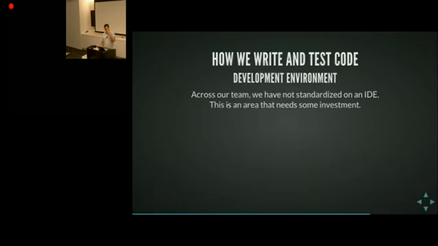So one of the things that's troubled me and a lot of the team is development environment. Across our team of 14 folks, we still don't have a standard development environment. Some of us use Eclipse, some of us use WebStorm, some of us use IntelliJ, some of us use Vim. I use Vim. Some of us use Sublime Text and a terminal window.